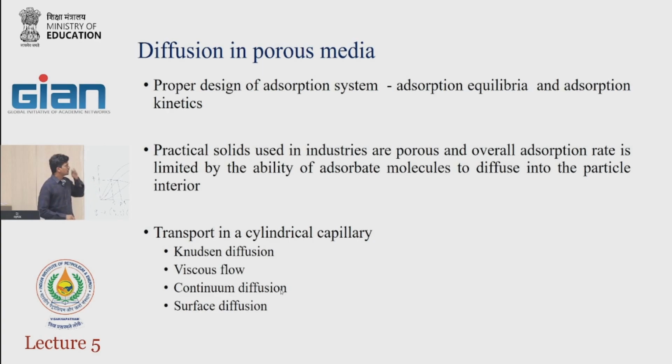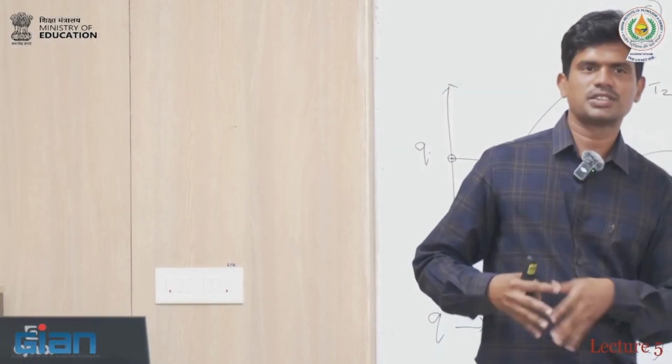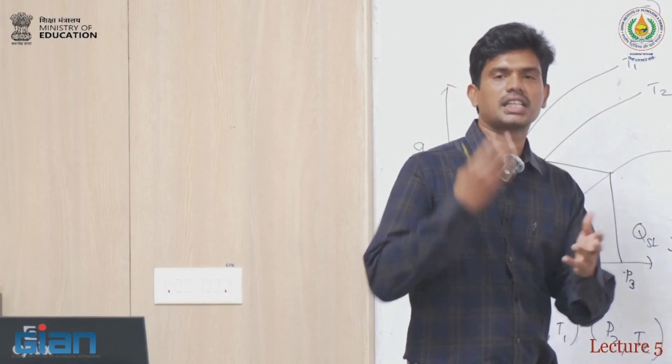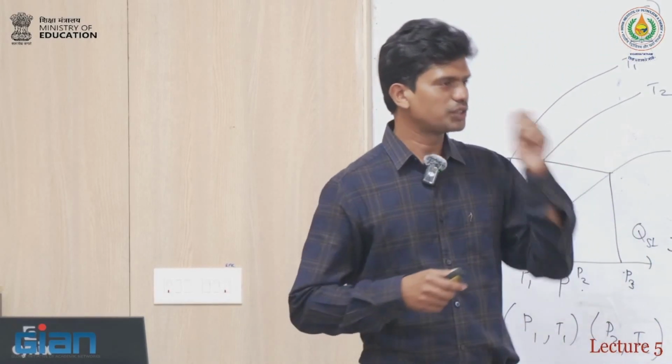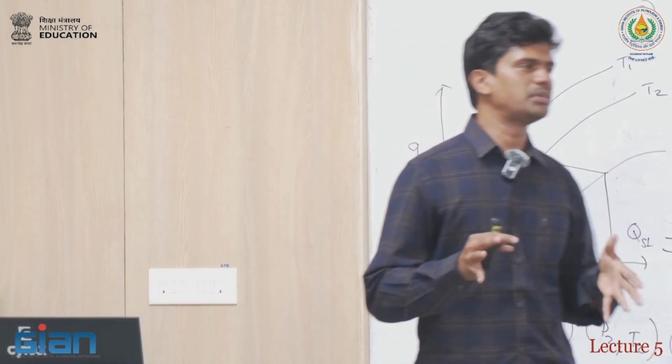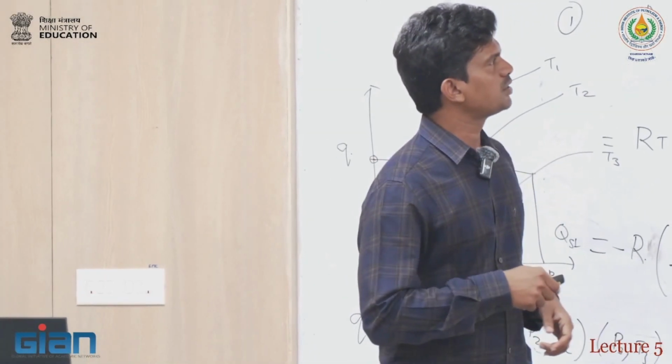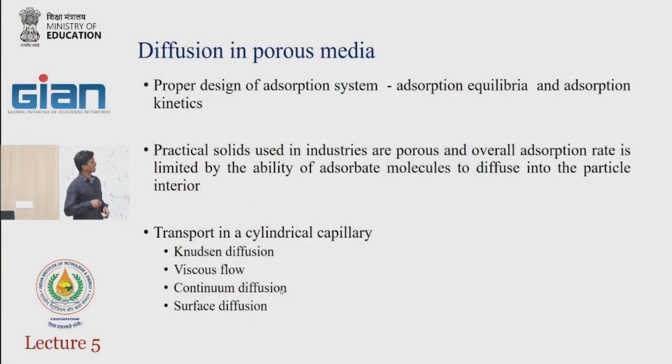So these are all to do with the isosteric heat of adsorption. The second one we talk about is diffusion, right? So far we talked about the isotherms, thermodynamics, how to extract the isotherms, what information we can get out of the isotherms, and so on. That means everything to do with the equilibria. The second important thing in adsorption is the kinetics, right?